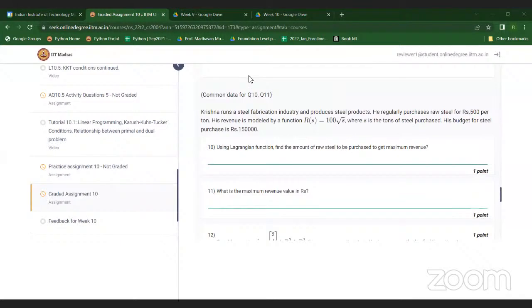Use the KKT conditions, find the derivative, equate it to 0, and using that you get the values. I can't be telling you the entire solution. I have just told you the constraints and the objective function; using that you can find it. It's a graded one and the deadline is not yet over, so we can't be discussing much about this.